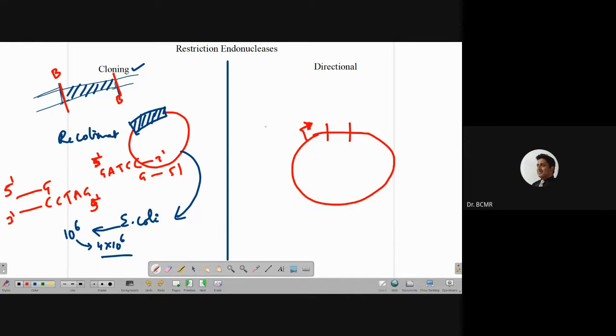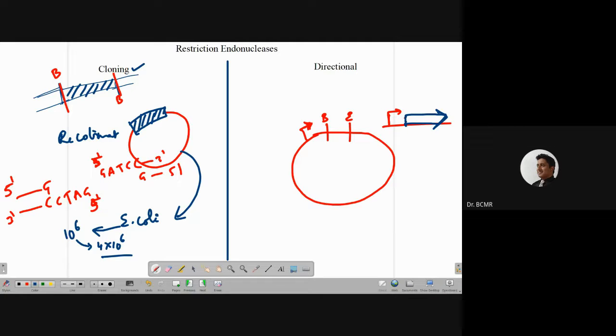Okay, and say for example here we have BamHI and EcoRI restriction sites. And if we want expression to happen, then we would want to clone it in such a way that the gene of interest is in this orientation. I already explained last time what this arrowhead indicates.